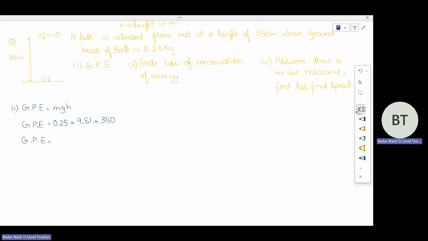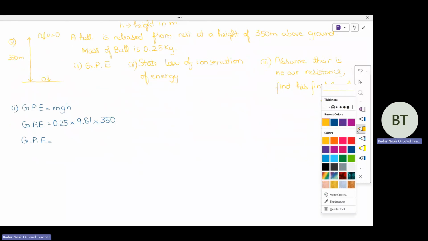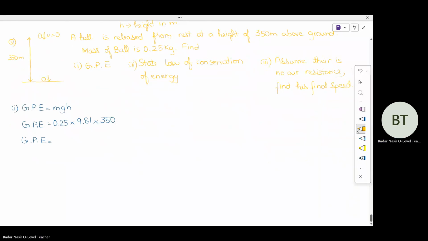Let me move this find statement here. Okay, so find gravitational potential energy. Now what value does this come to? What is the answer to the first part? 858.375. 858.37.